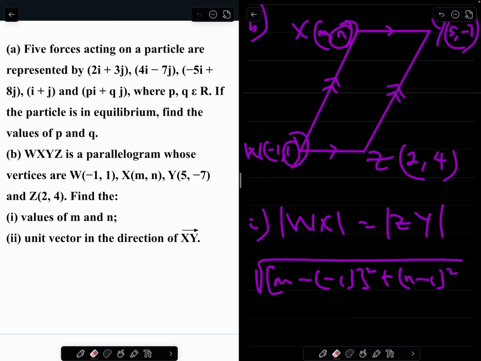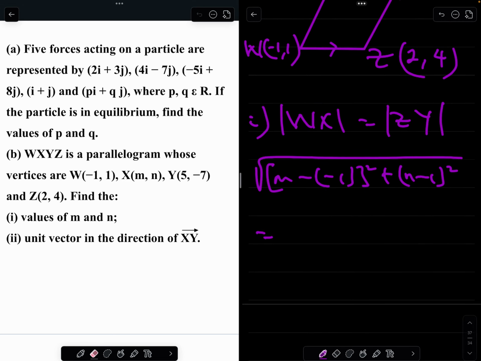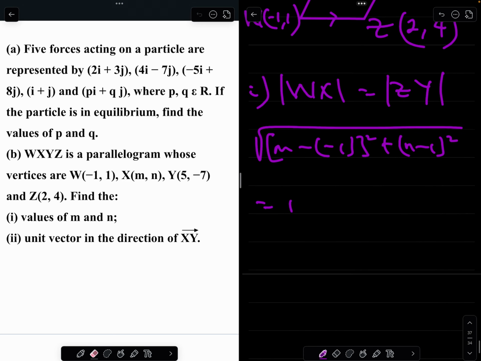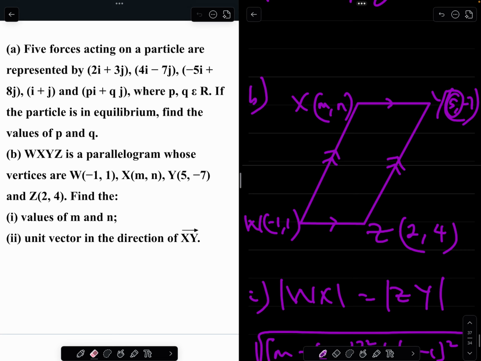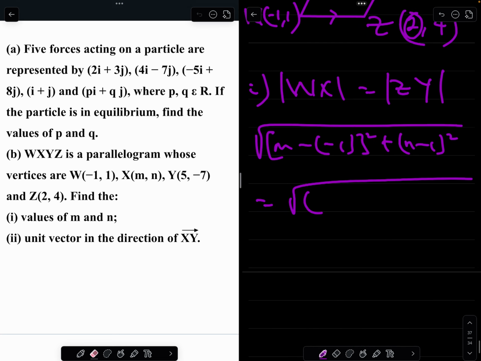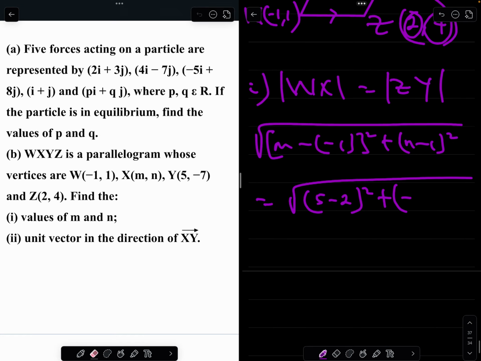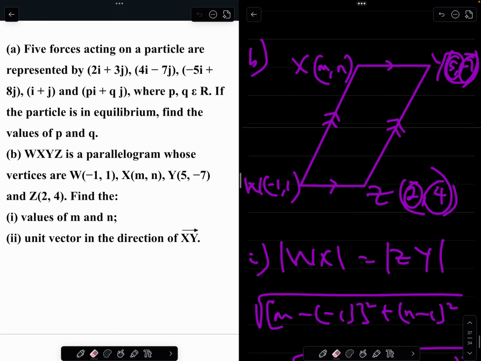Equals the length WX equals the length ZY, you have to make sure that you're not making any mistakes, and the length ZY is going to be 5 minus 2 squared plus minus 7 minus 4 squared.